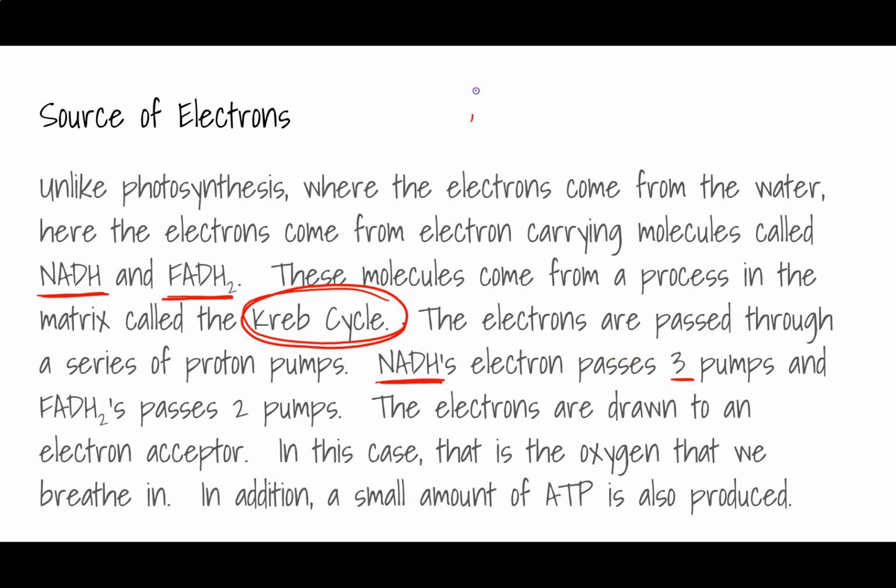And for every 1 NADH, you're going to have enough energy to generate 3 ATPs, because remember, it goes through 3 pumps. The FADH2 only goes through 2 pumps. So for every FADH2, that's going to net you 2 ATPs.